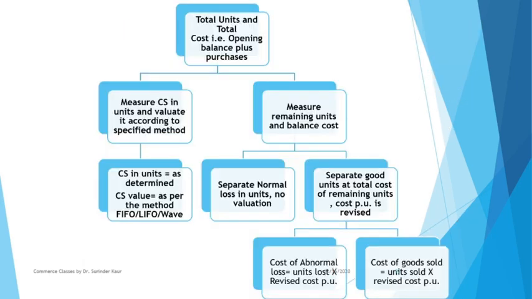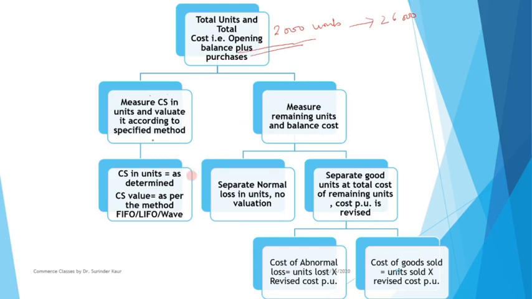Just consider this here. We are having total units and total cost. Like in the previous case, we were having in all say 2000 units, the total units at a total cost of say 26,000. Now out of these units, we are first to separate out or measure closing stock.